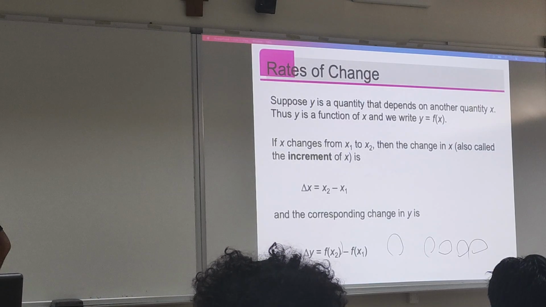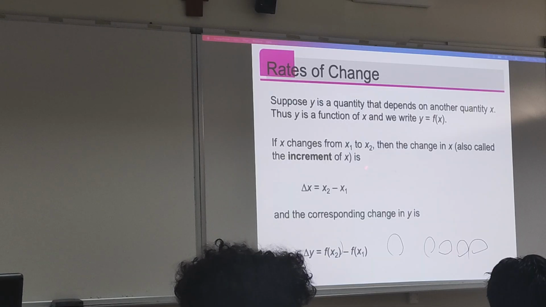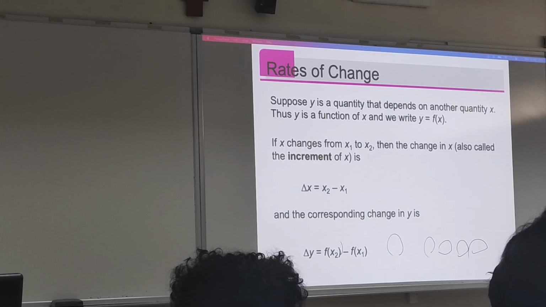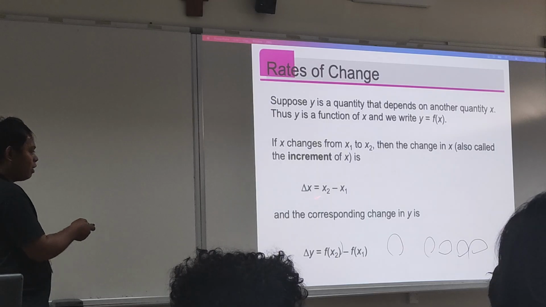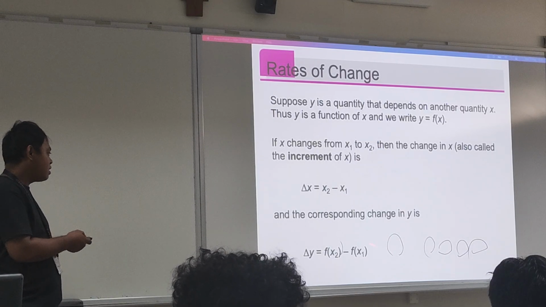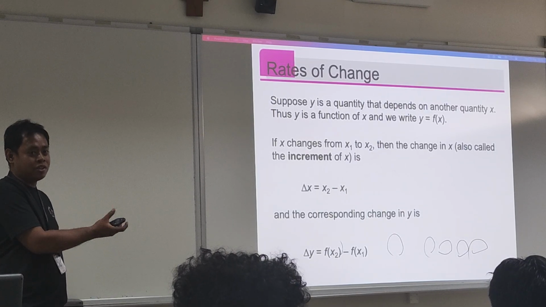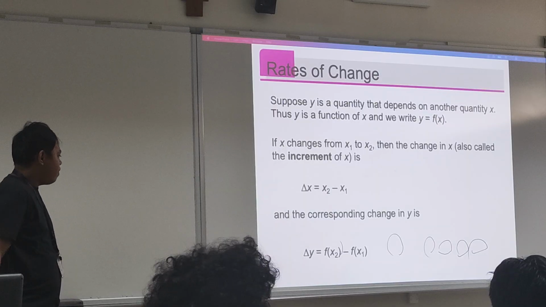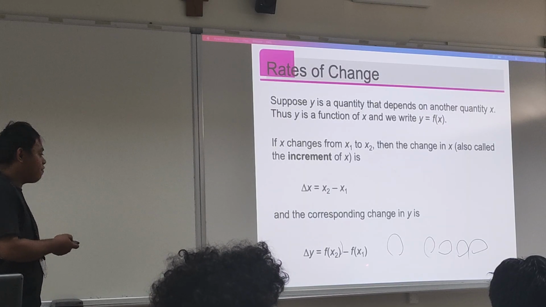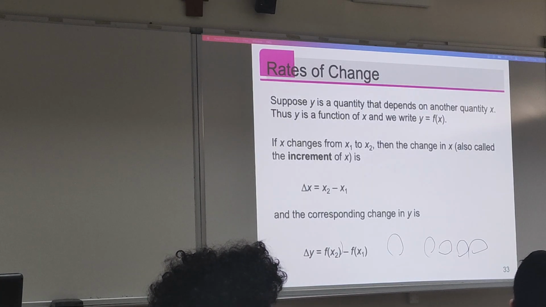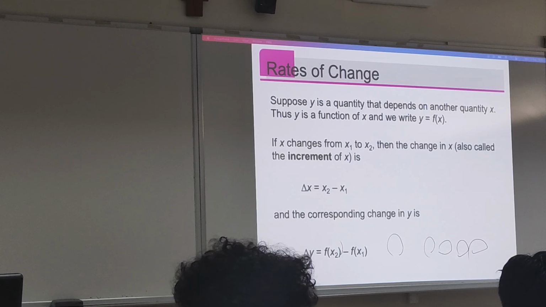If x changes from x1 to x2, then the change in x, also called the increment of x, is given by delta x equals x sub 2 minus x sub 1. And the corresponding change in y is given by delta y, which is just f of x sub 2 minus f of x sub 1.